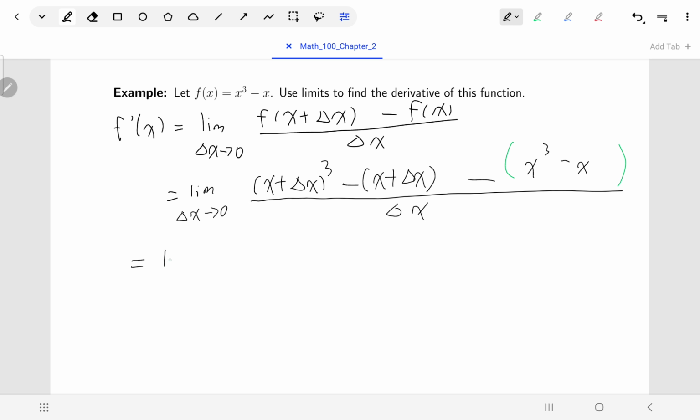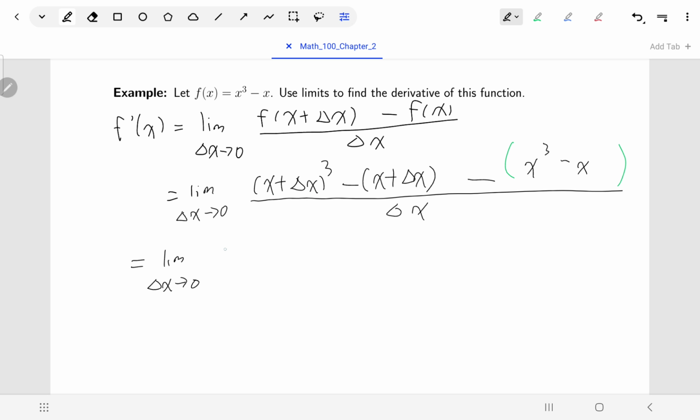If you were doing this problem, you'd probably have to, on the side, figure out what x plus delta x cubed is. It's not the same thing as just cubing these two terms individually. It would be x plus delta x times itself again.